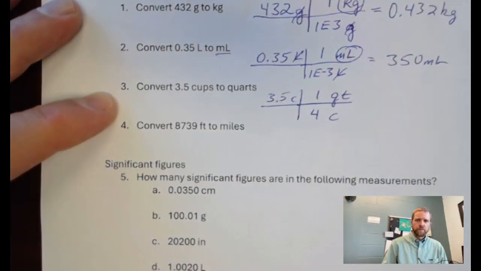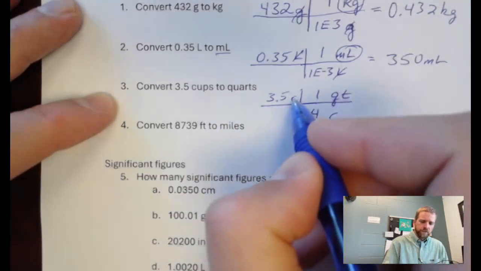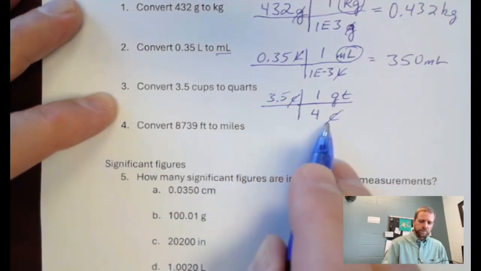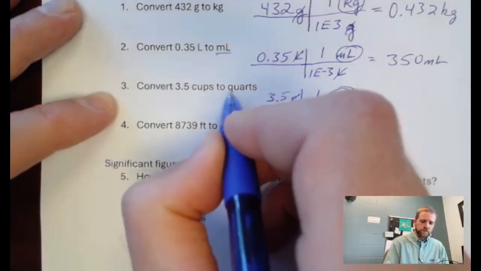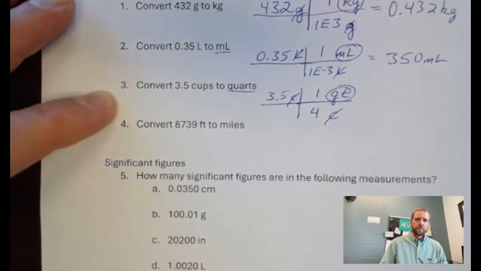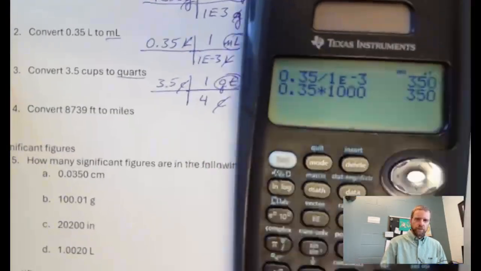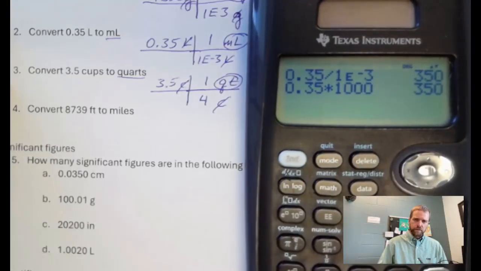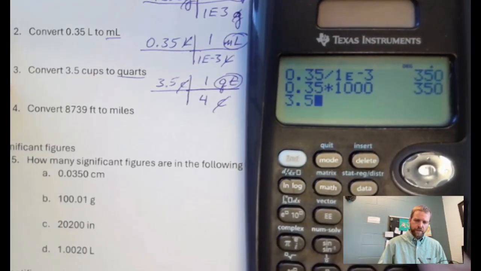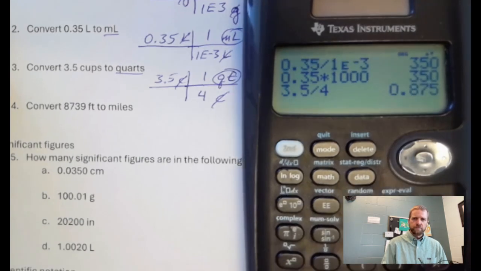Before I do anything on my calculator, I check that my cups cancel and I get quarts, which is what the problem asks for. Then I put that into my calculator: 3.5 divided by 4 is 0.875.